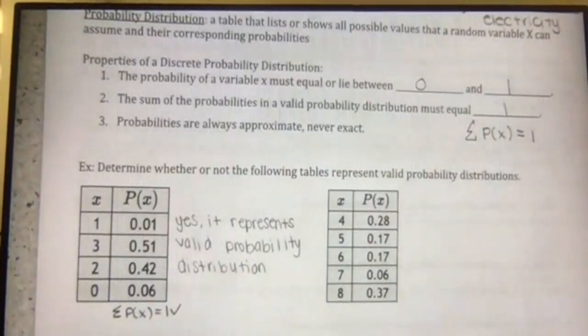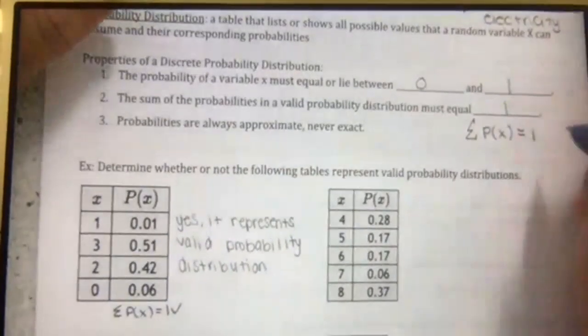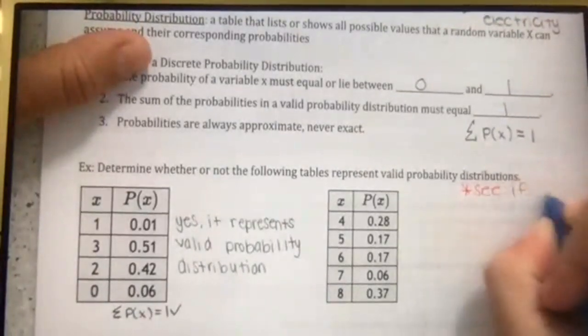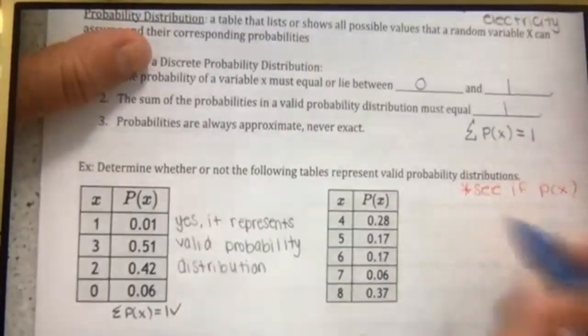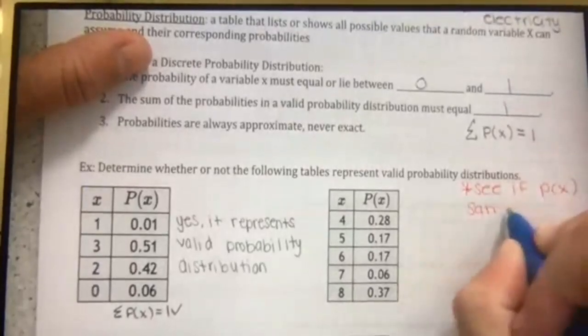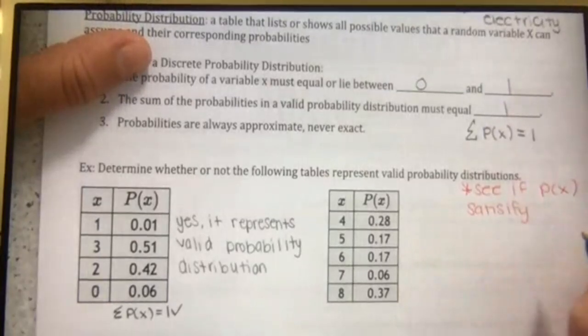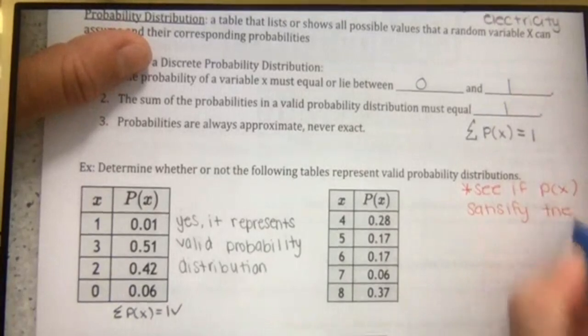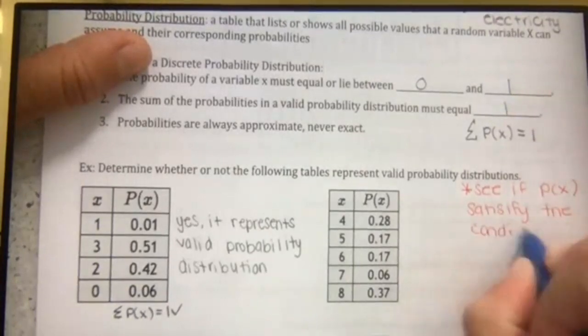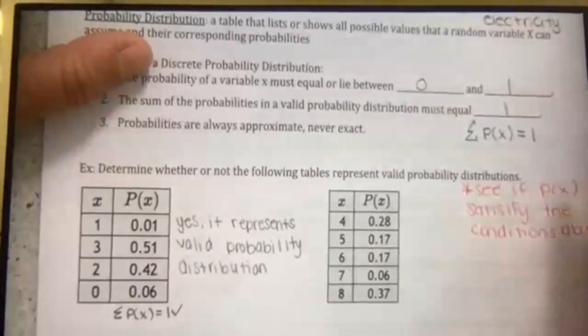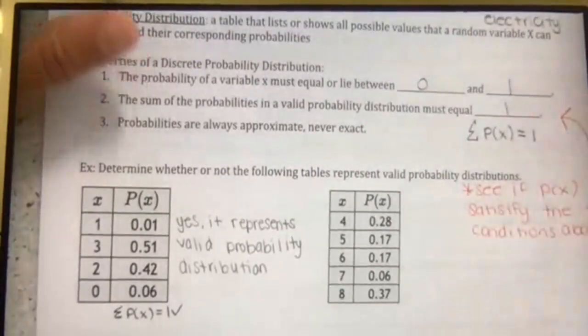So I'm just going to make a note just so I don't have to write it every time. So what this is saying is we're going to try to see if the probability, so P of X, satisfies the conditions above.